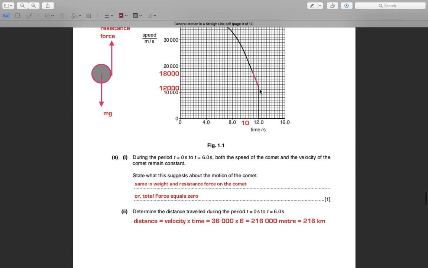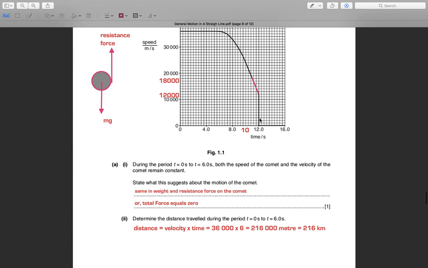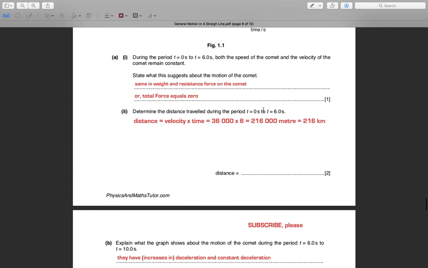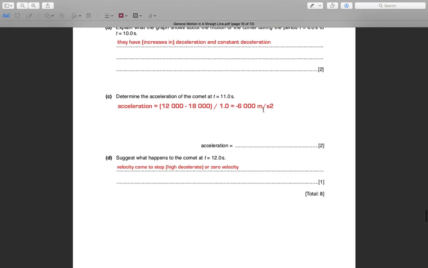They have decreasing velocity from 12,000 until 0. I think this is about the comet bumping on the earth. The comet touched the earth at the point 12 seconds, and it has 0 velocity.